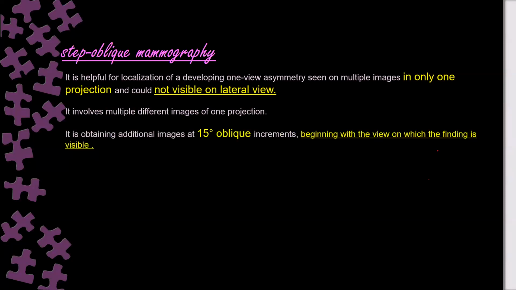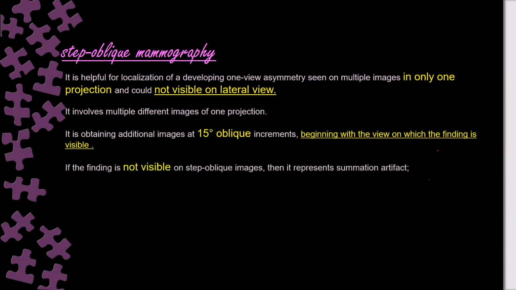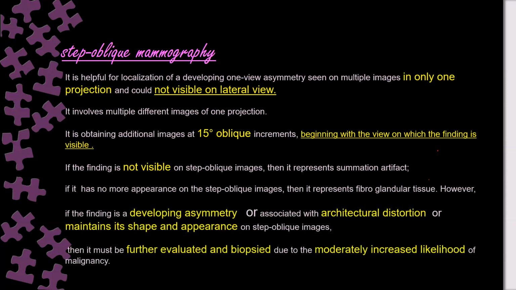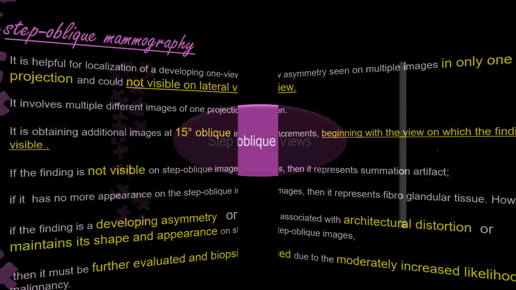If you have seen the lesion on the MLO but could not see it on the lateral view, then you can do step oblique views, starting with a 15-degree oblique and then increasing the angles. If you could not see it, that means it is an artifact and summation. If you can see it, that means it is real, and then we can work it up.